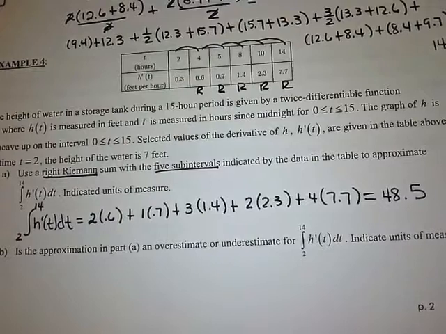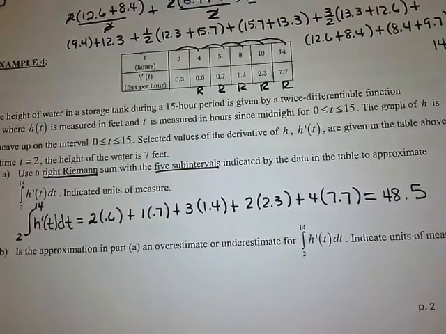Okay, so the next part says, is the approximation in part A an overestimate or an underestimate for the area under the curve from 2 to 14 of h prime of t dt, and indicate your units of measure.